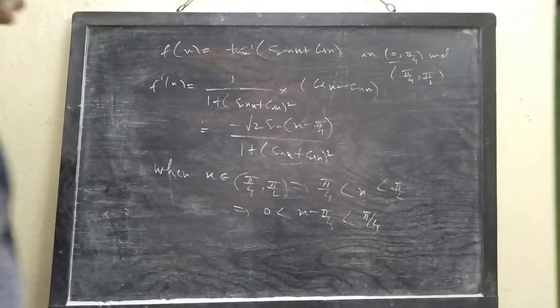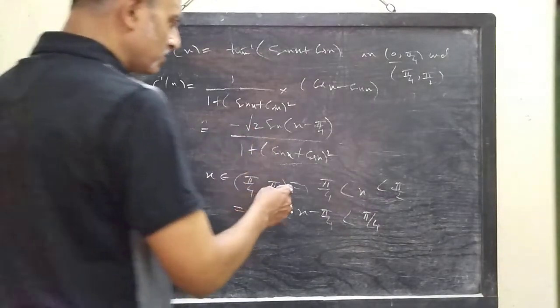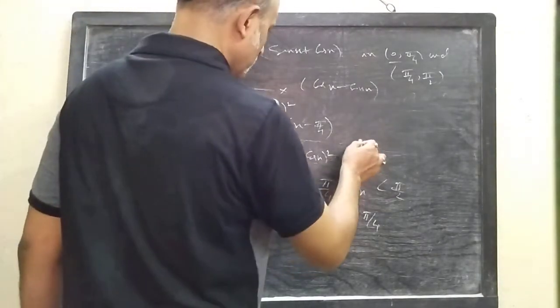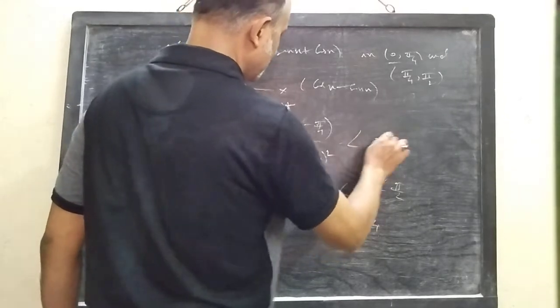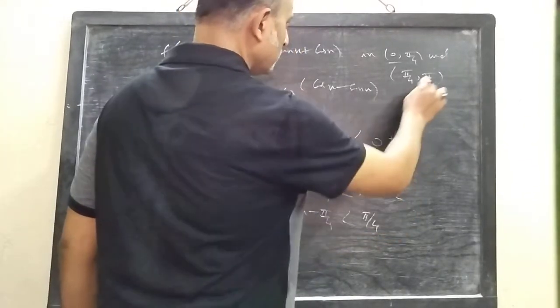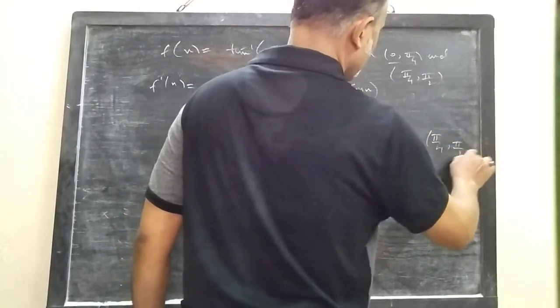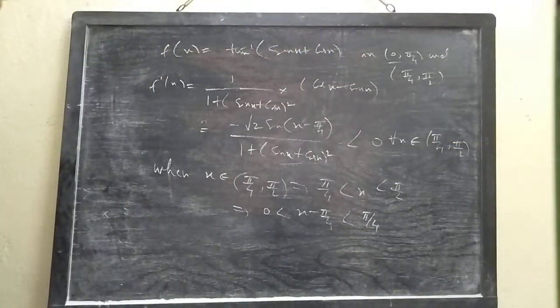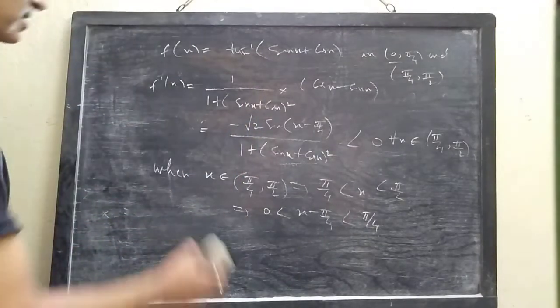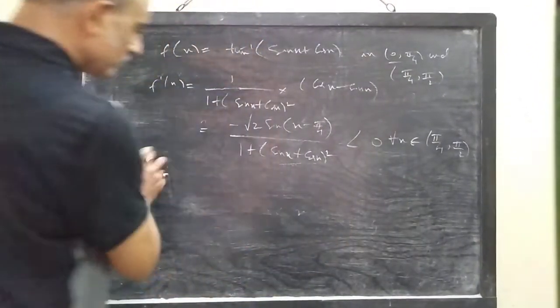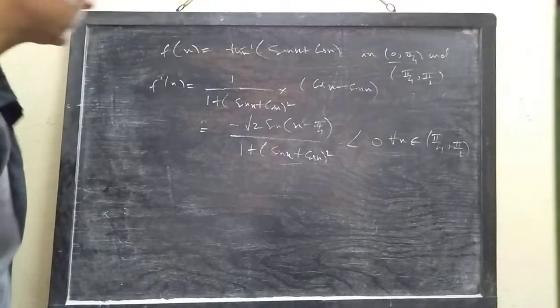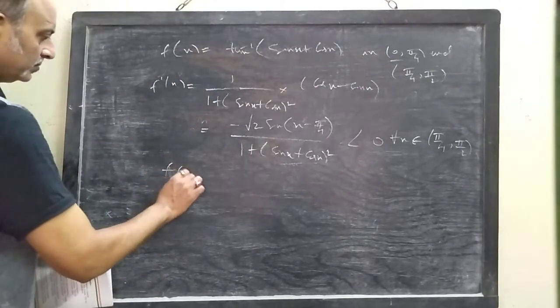In this portion, sign is positive, here it is minus root 2, denominator is positive, so you can say f'(x) is less than 0 for all x belongs to the second interval, pi by 4 to pi by 2. So your conclusion will be f(x) is decreasing in the second interval.